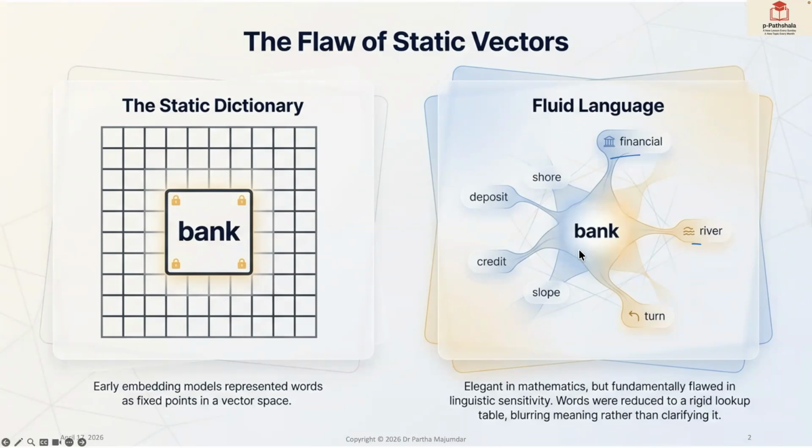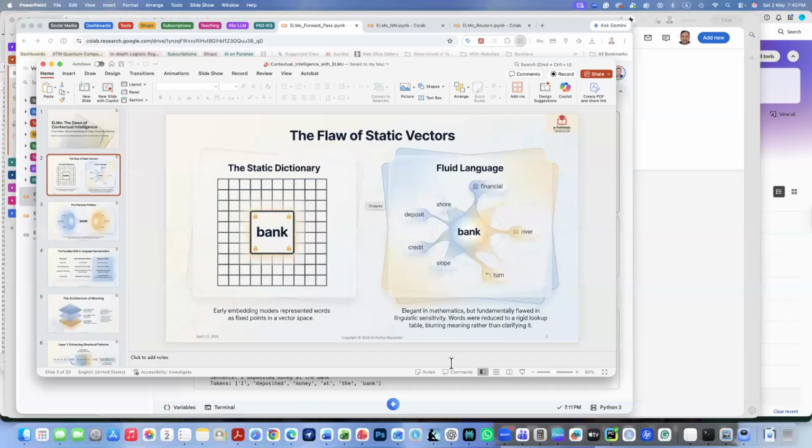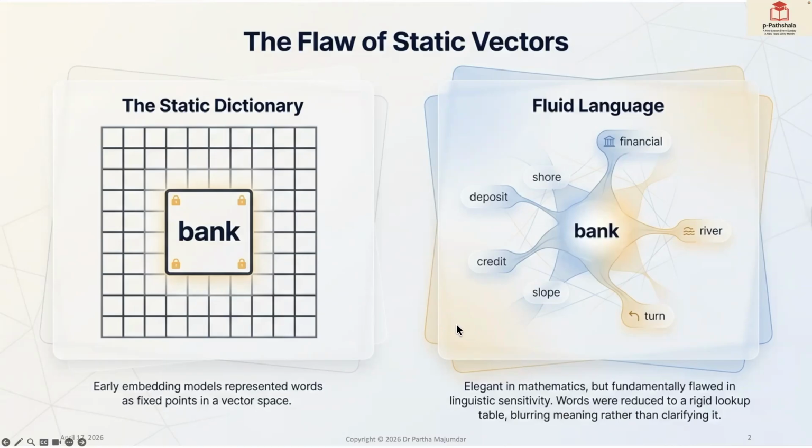Just one question. Looking at this diagram, if we have to classify financial, we take help of some words like deposit, credit, which potentially indicate it is a financial segment, and something like river or turn indicates the river side of it.